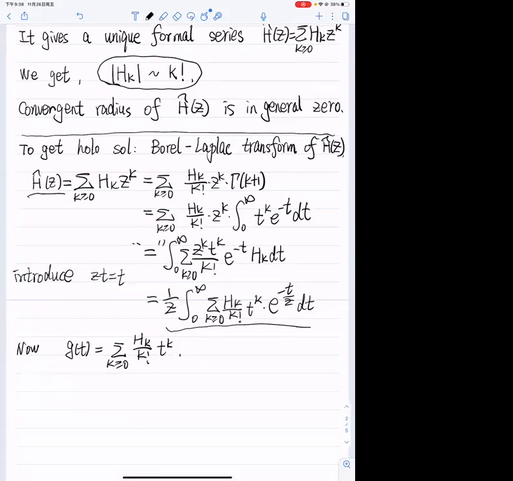If we look at the top of my note, recall that we have the norm of hk is like k factorial. Therefore, the function gt given by this power series is holomorphic in some small disk around t equals 0.